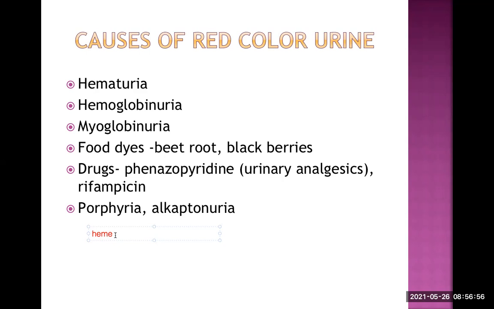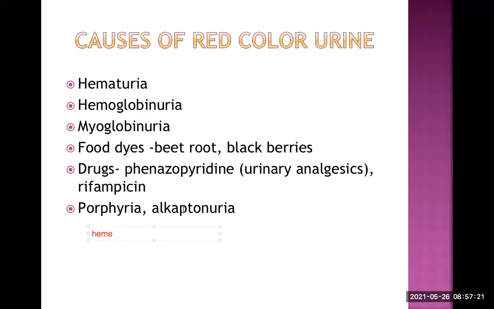In acute intermittent porphyria and other types of porphyria, if we collect the urine and expose it to sunlight, the urine may turn deep reddish in color. So we may get confused.